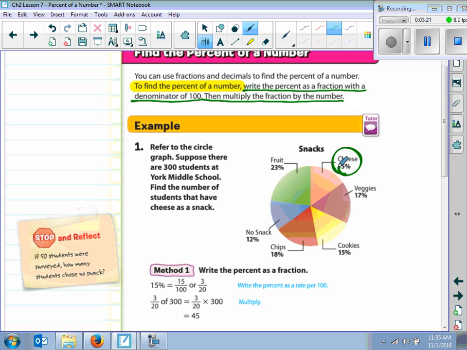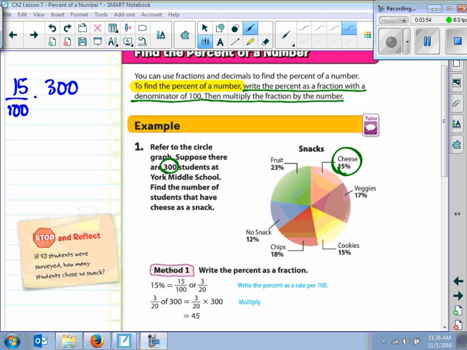So 15% would be 15 out of 100. So there's your 15 over 100, right? Then it says multiply that fraction times the number. Here the number is the number of students that they surveyed. So how many students did they survey? 300, right? So we're going to multiply 15 over 100 times 300.